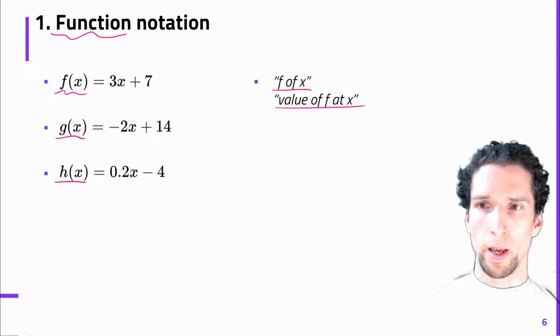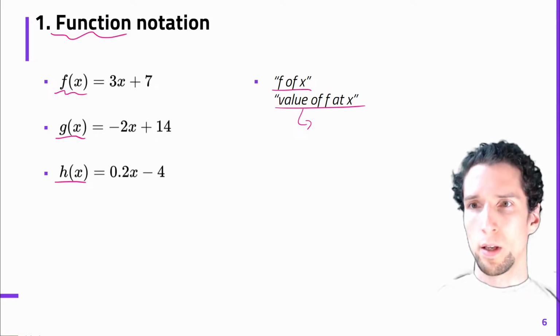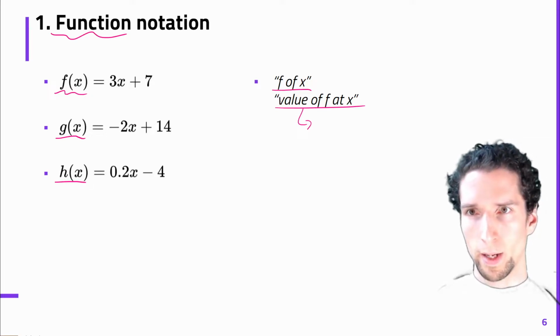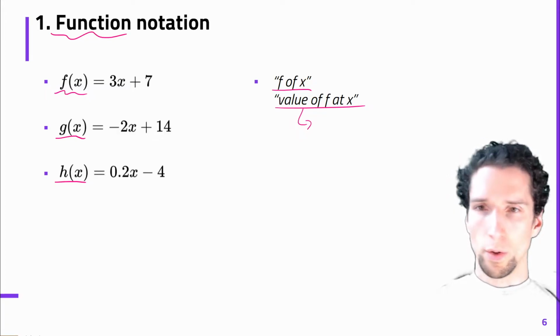That's basically saying, what is the value of function f when evaluated at x, when we put x into that function. So that's the idea, and that's how we talk about it. f of x, or value of f at x.